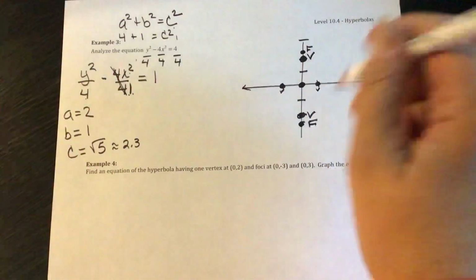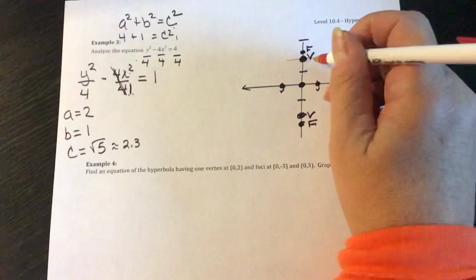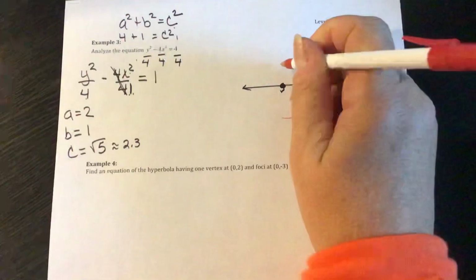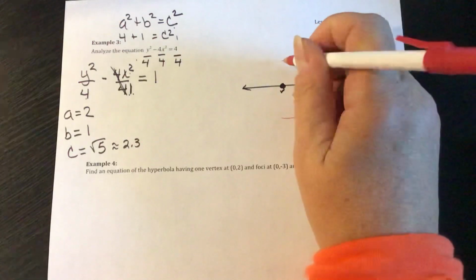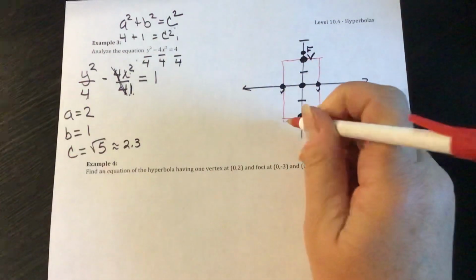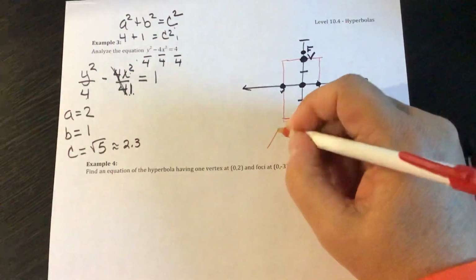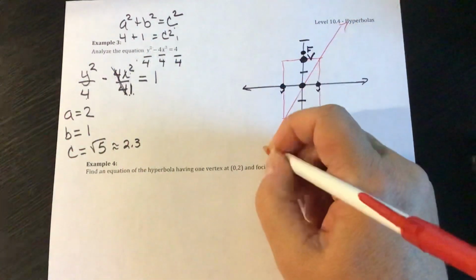Okay, so if I make the box now, this is my vertices box that will help me to draw my asymptotes. And here are my slant asymptotes.